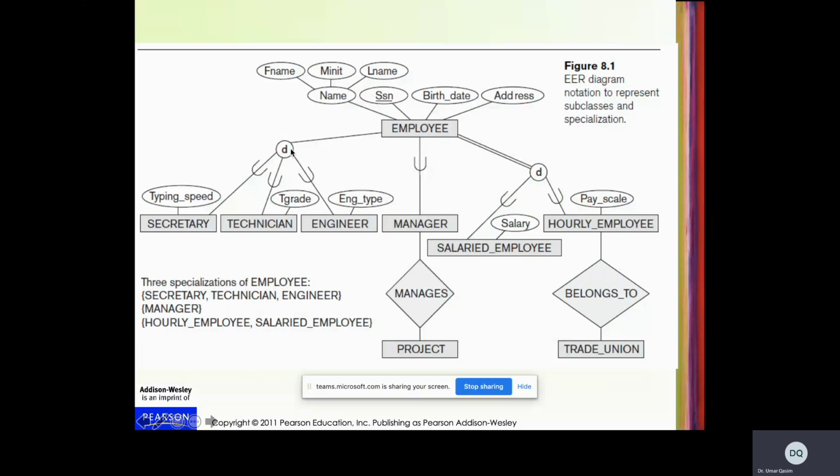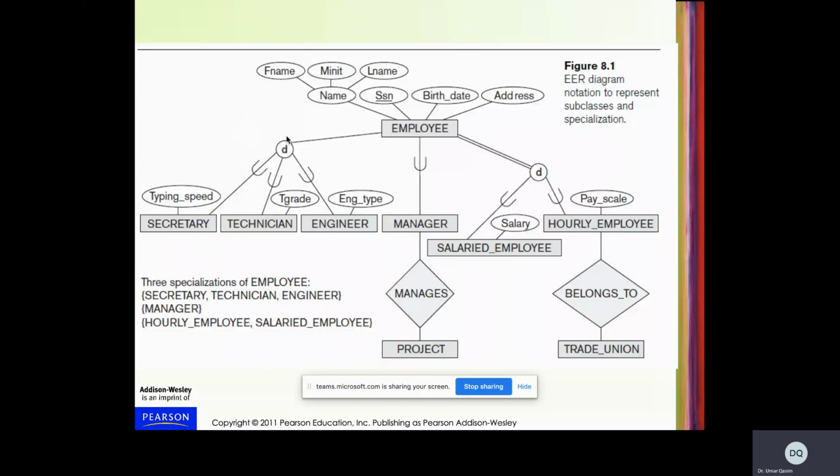Now this D means disjoint: an employee will be either a secretary or a technician or an engineer. That person won't be overlapping, so the role won't be overlapping. In some other cases, if there is an O where it says D, then that relation becomes an overlapping relation.